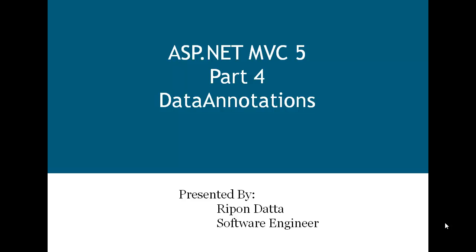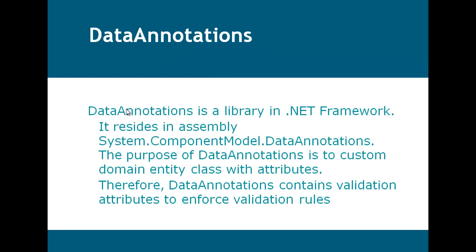So, first of all, I want to say something about data annotations. Data annotations is a library in the .NET framework. It resides in the assembly System.ComponentModel.DataAnnotations. The purpose of data annotations is to customize a domain entity class with attributes.